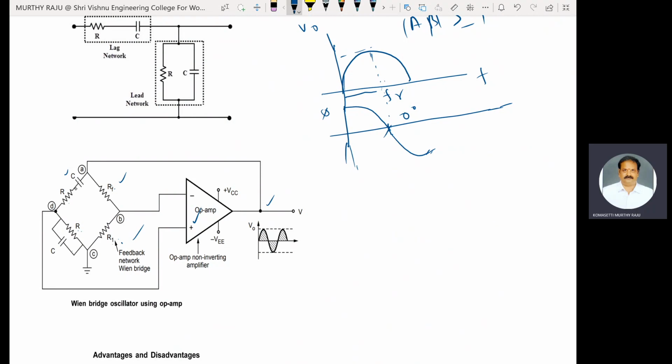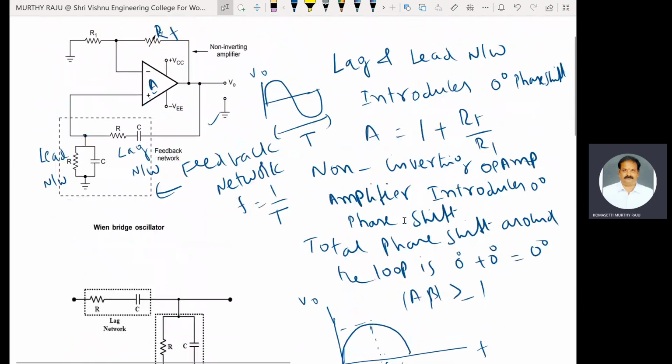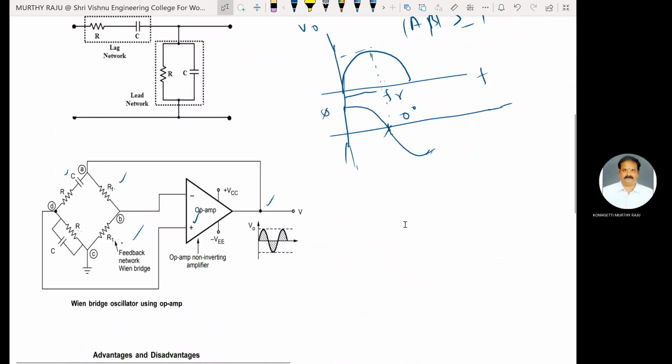Another end of R1 is connected to ground. The junction of R1 and RF is connected to the inverting terminal of the op-amp.